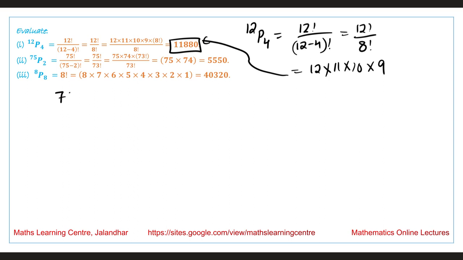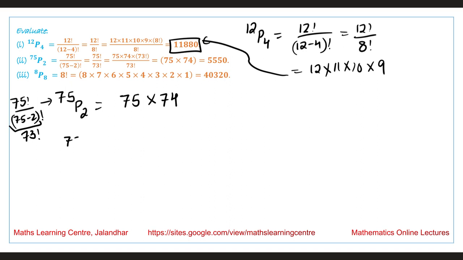Next is 75P2. That is equal to 75 into 74. Why? Because the formula we have is 75 factorial over 75 minus 2 factorial. The value of this term is 73 factorial.